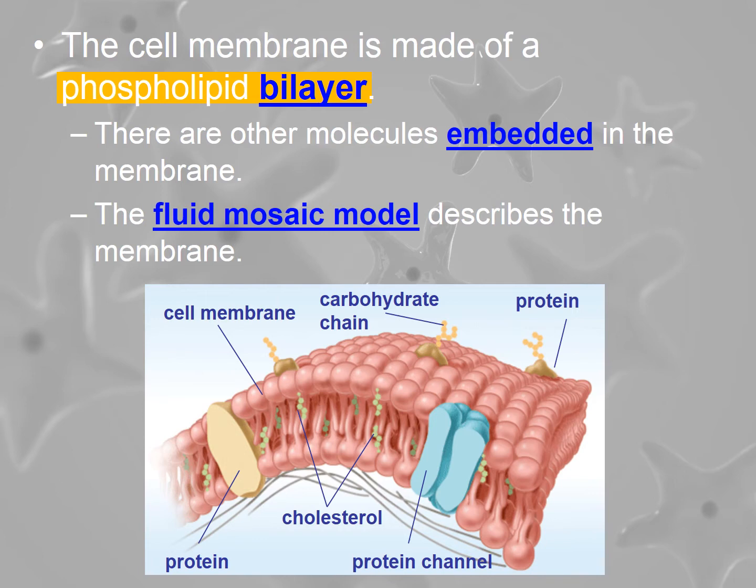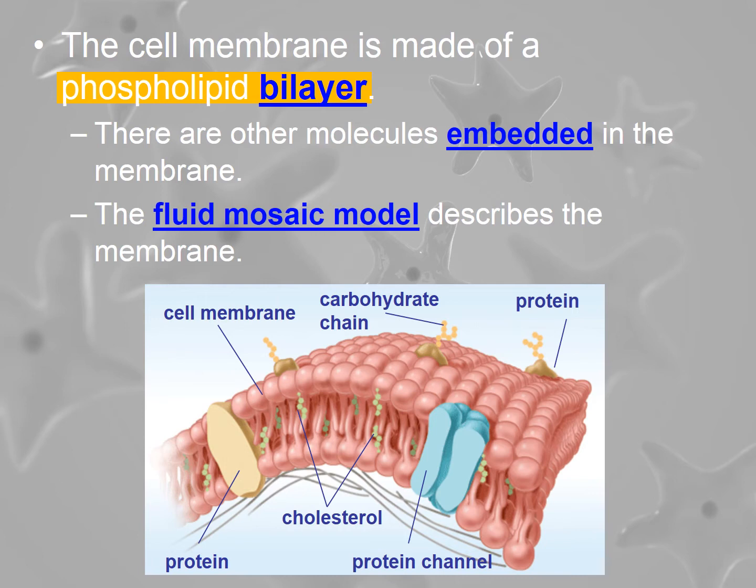The next thing we're going to look at are the carbohydrate chains. These chains act like chemical ID cards or name tags. It helps the organism identify what cell is which. It can identify that that cell belongs to that particular organism.